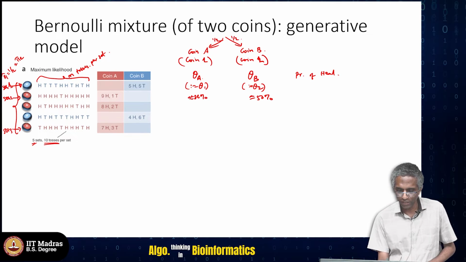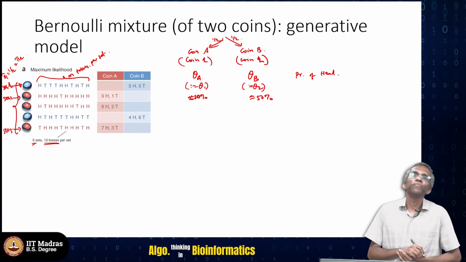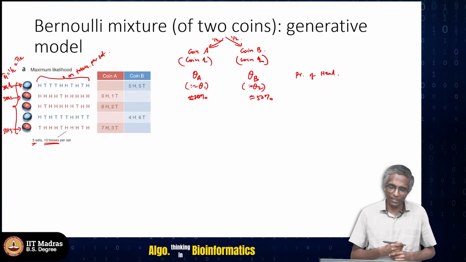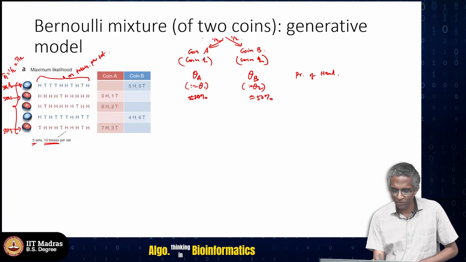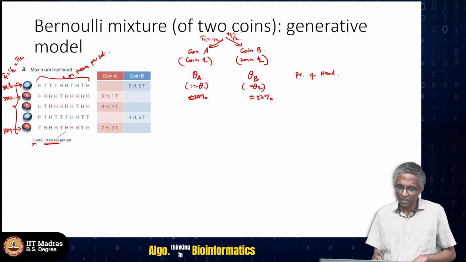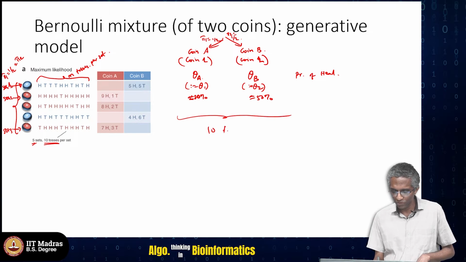That is given by theta A and theta B. So this is your pi 1 and this is your pi 2. Now you do whatever coin you have chosen. So now you do 10 tosses of the chosen coin.